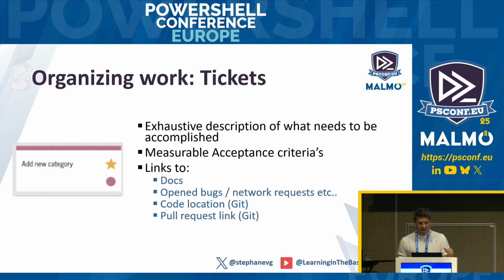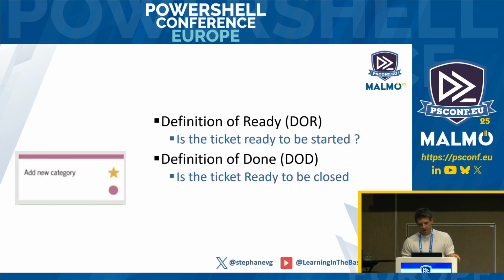And in that ticket, put everything that is related to this task: docs, open bugs, if you needed to open network routes extra, Git location, and potential pull requests. So everything is in one single place, and you can just reference one link regarding this project. It should also have, and this comes from Scrum, a definition of ready and a definition of done.